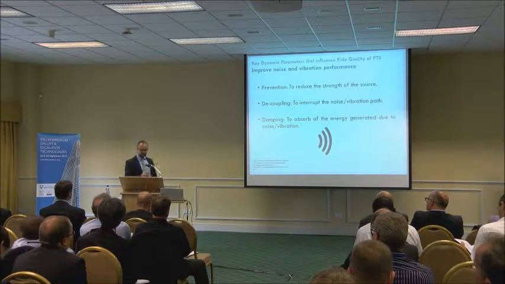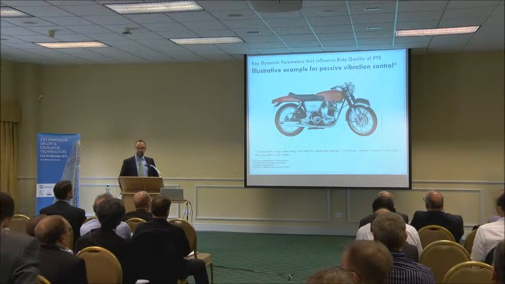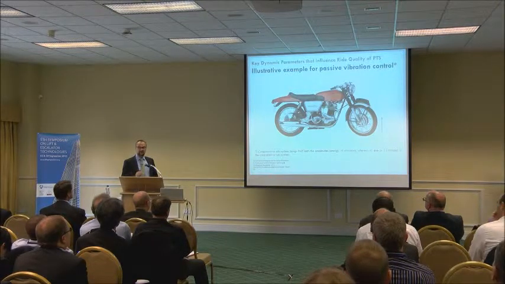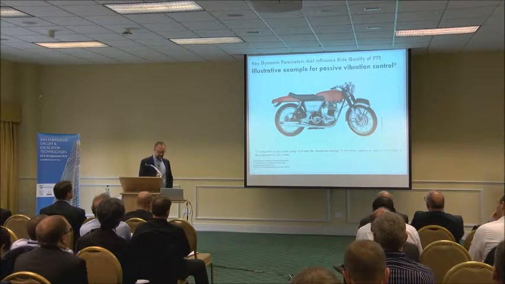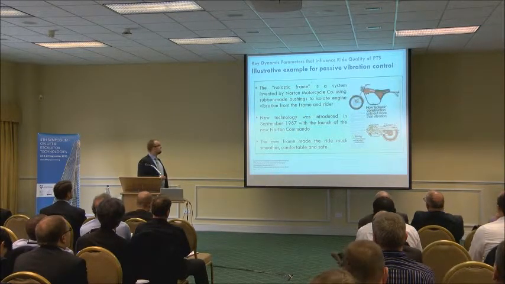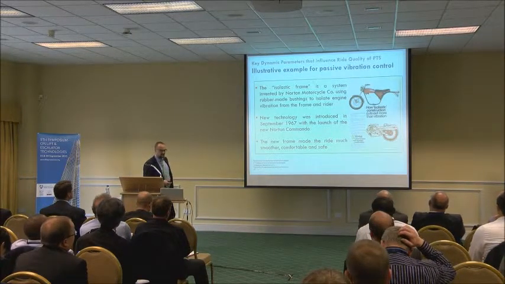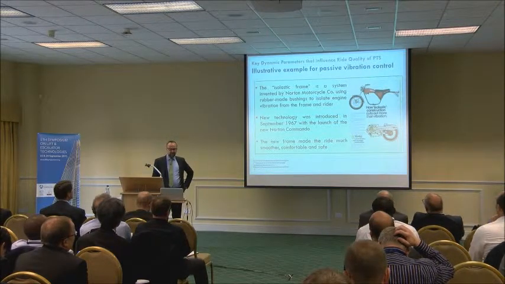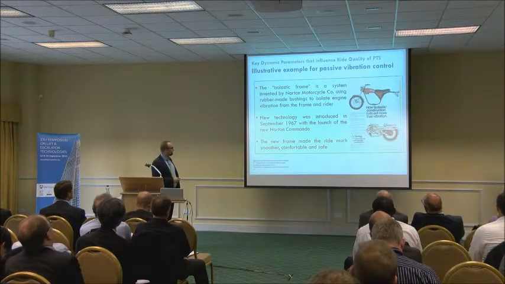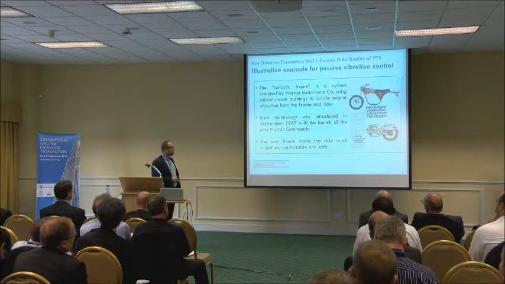And I found an example in the motorcycle industry, and this is a picture of an English motorbike built in the late 1960s. This is a Norton Commando, which was introduced into the market in 1967. They came up with a new isoelastic frame, and this was a technology that made the ride of their motorcycle much smoother and comfortable.